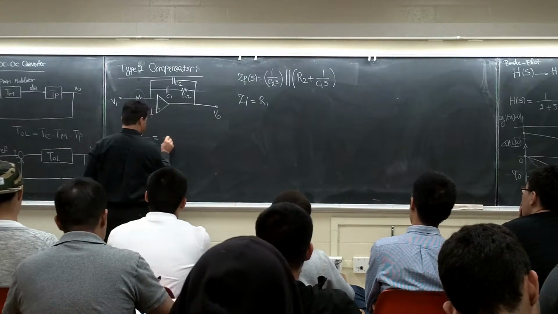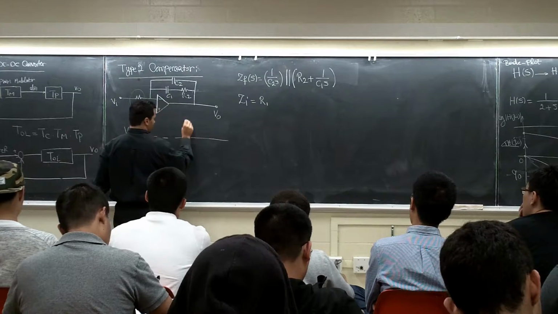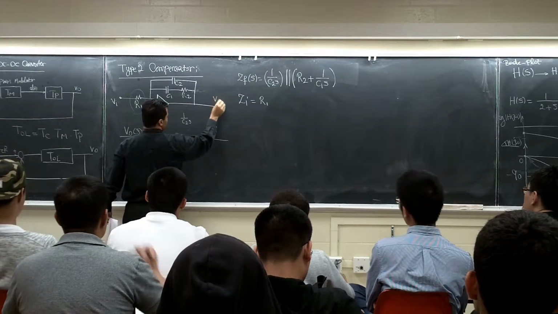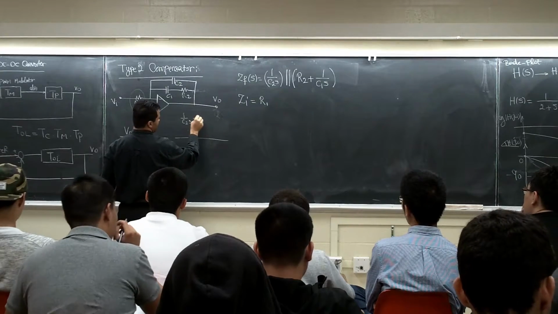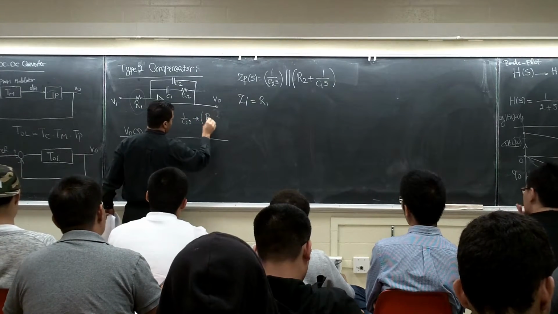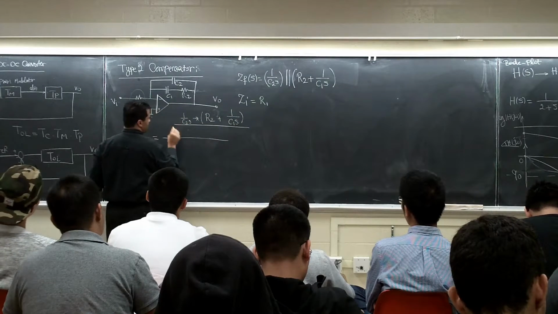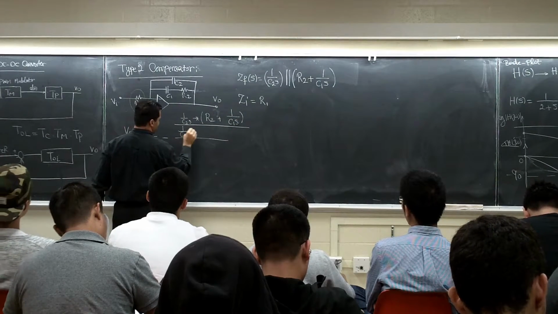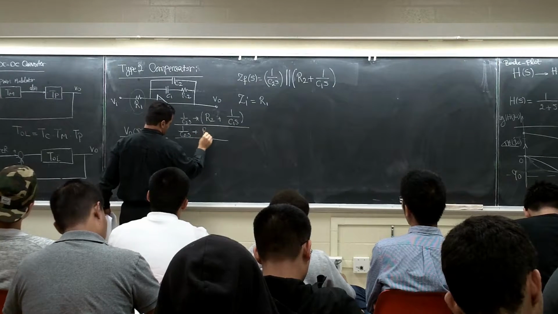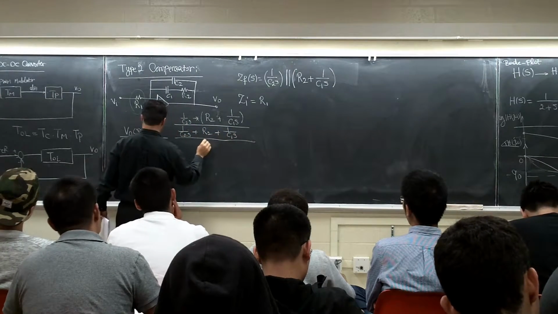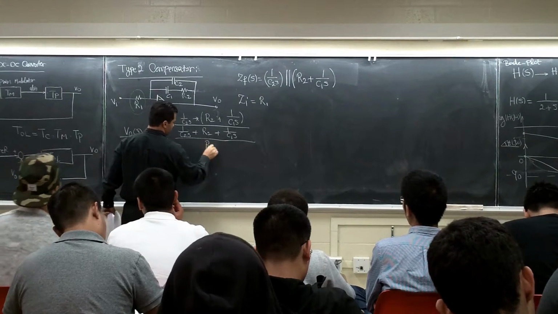So it's going to be minus 1 over C2s times R2 plus 1 over C1s, divided by 1 over C2s plus R2 plus 1 over C1s, divided by R1.